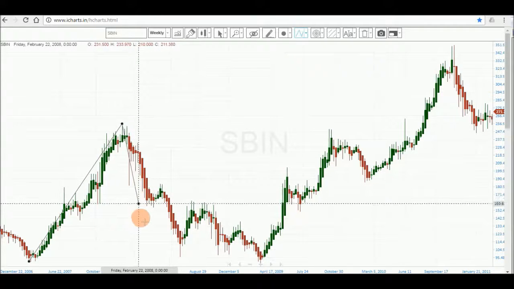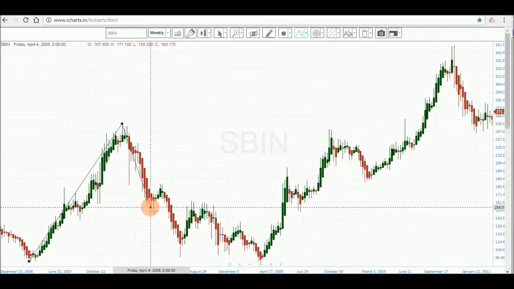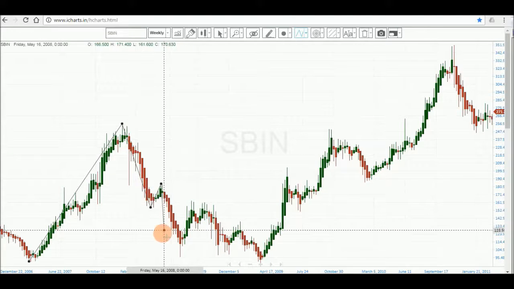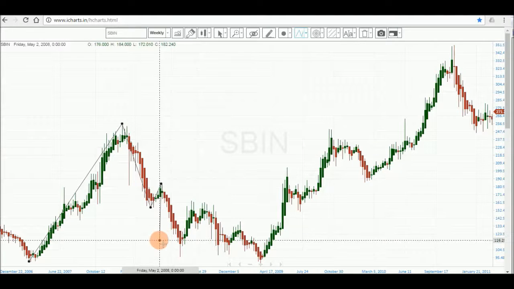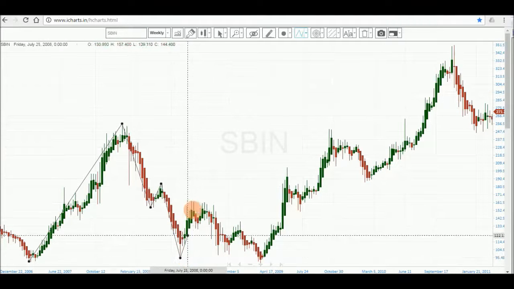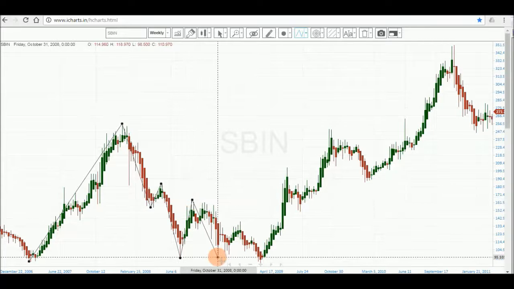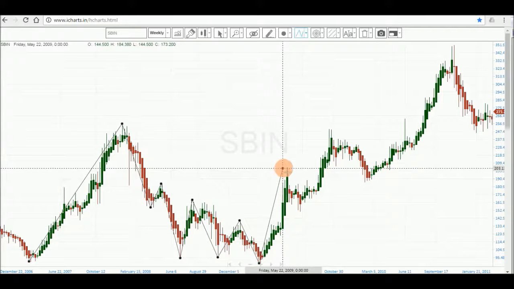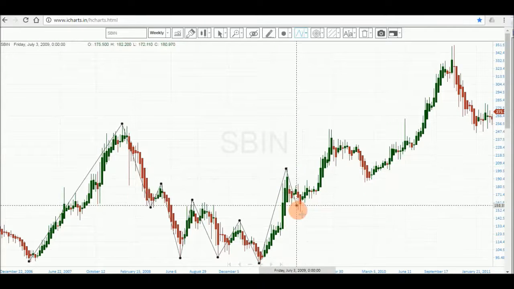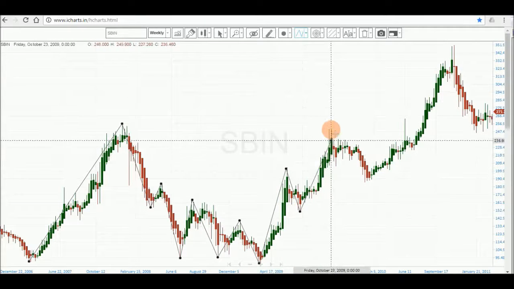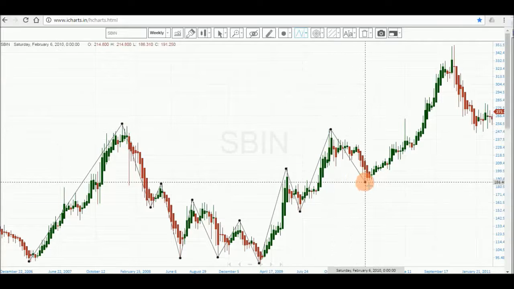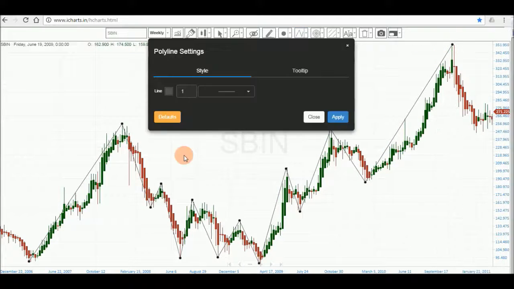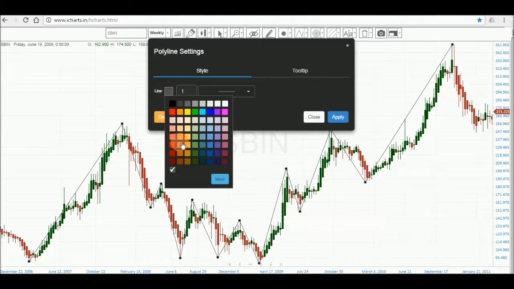Now to draw the line segment, you just need to spot the major price movements, just those movements which kind of stick out in front of you, like this. Okay, this would be enough for now.